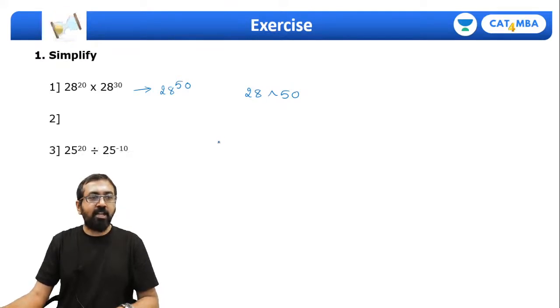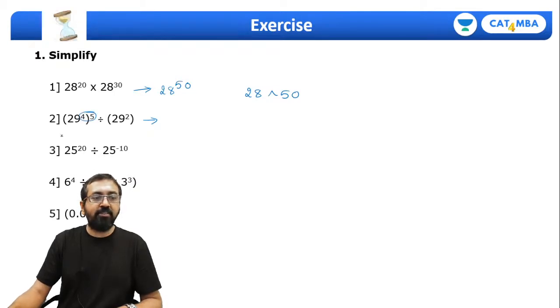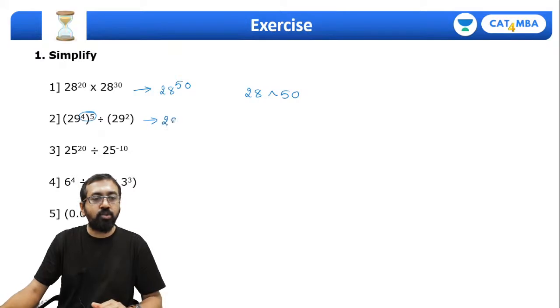Fine. Let's look at the second question. 29 raised to 4 whole raised to 5, divided by 29 square. Now this 4 into 5, 29 raised to 4 whole raised to 5, should be simplified as 29 raised to 4 into 5, that is 29 raised to 20, divided by 29 square.